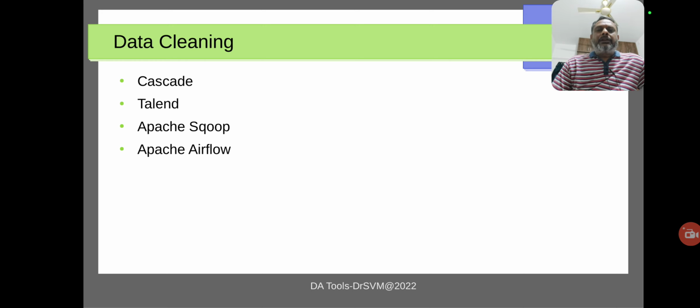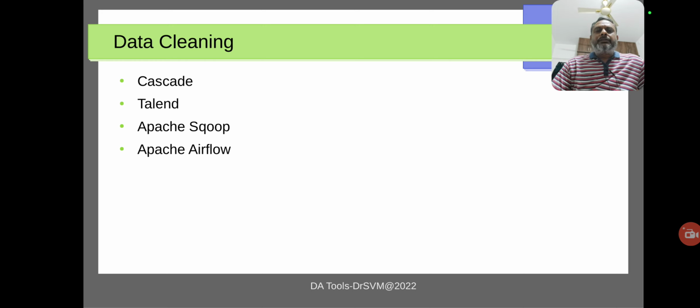Many tools are available for the purpose. The various tools we look at in these coming sessions are Cascade, Talend, Apache Sqoop, Apache Airflow, and so on.